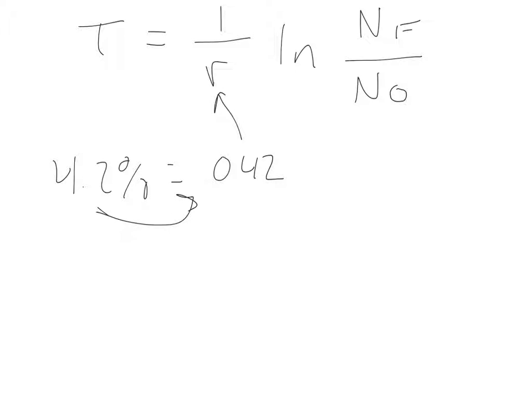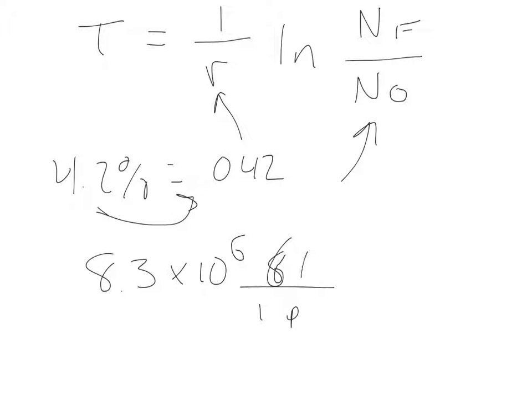Our N initial is a little bit more convoluted. We knew that there were 8.3 times 10 to the 6 people, so 8.3 million, and we know that there are 6 rats per person. I apologize.